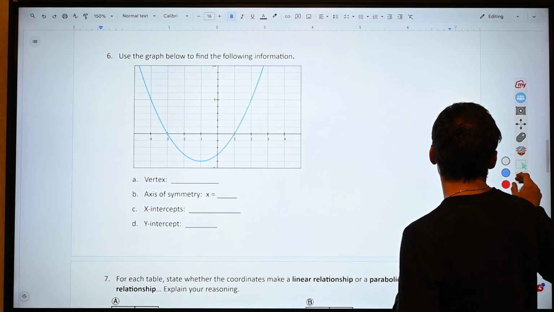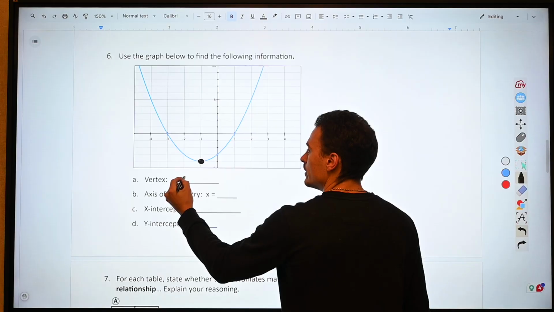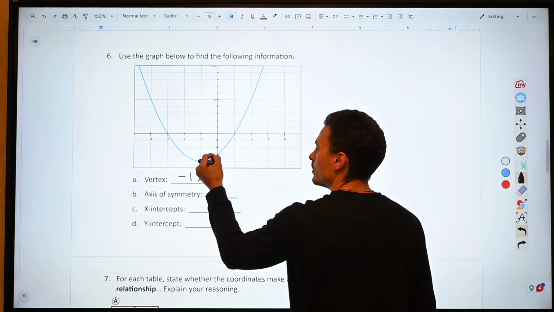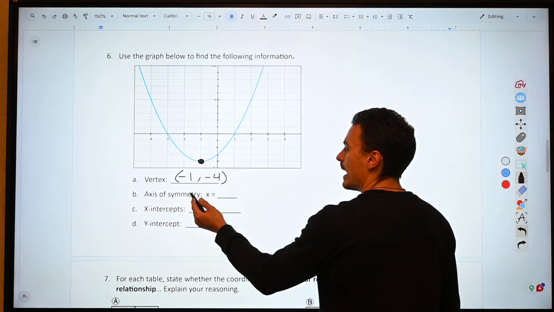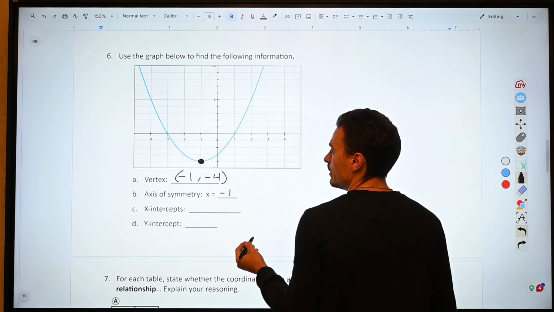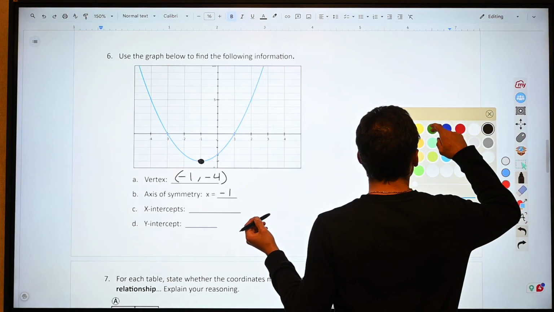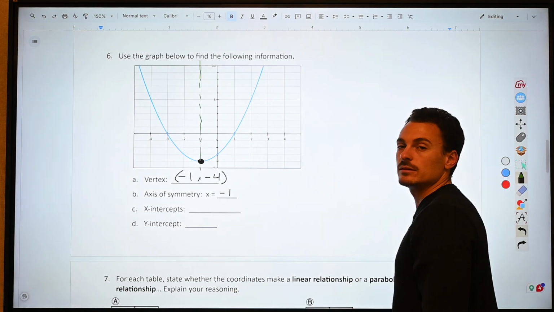Remember, your vertex is right here. It would be negative 1, comma negative 4. Your axis of symmetry is x equals negative 1, because this is your axis of symmetry down the middle.